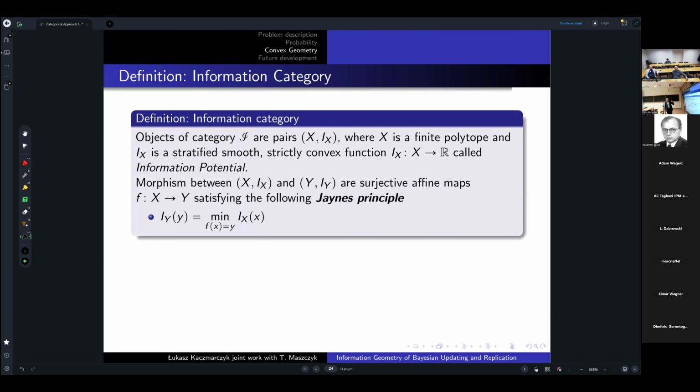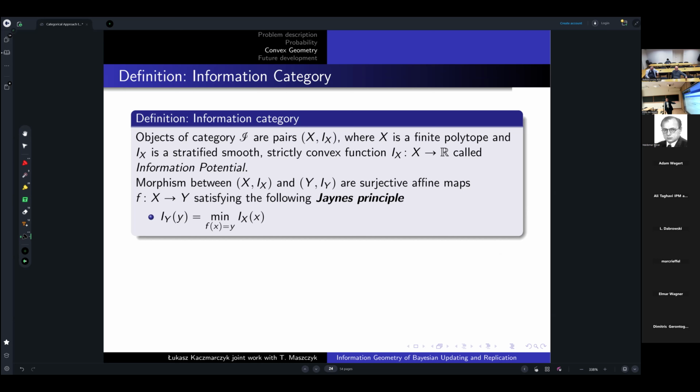Okay, so as we've mentioned in the problem description, we will consider convex sets with information potentials, which are stratified smooth, strictly convex functions.